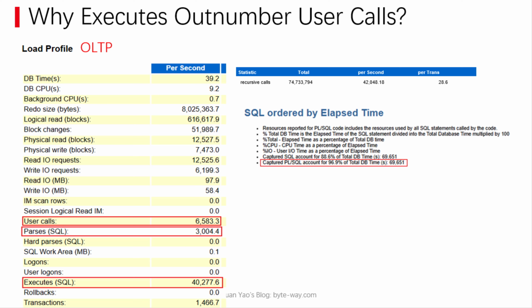Each single call to a PL/SQL procedure can trigger a lot of parses, executes, and fetches behind the scenes. You can back this up by looking at recursive calls in the instance activity stats section. It's showing more than 42,000 recursive calls per second.